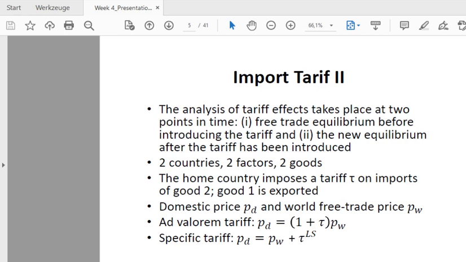The analysis of tariff effects on an economy takes place at two points in time. First, we take a look at the free trade equilibrium before introducing the tariff, and then we take a look at the new equilibrium that comes into being after the tariff has been introduced.